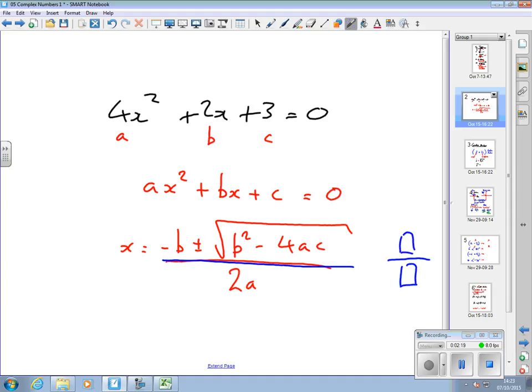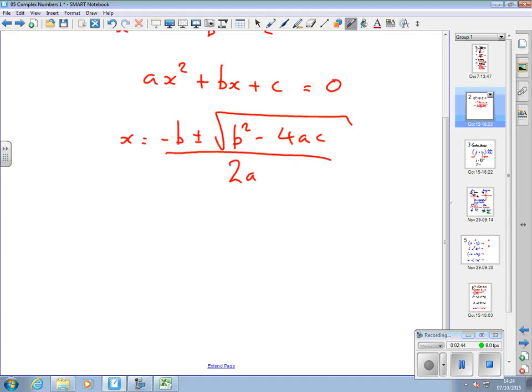So put all this on the top, minus whatever b is, so minus 2, plus or minus. I can't put plus and minus into the calculator at the same time, so I just put the plus in, and then later on I change it for the minus. Square root of, and then put all this inside the square root, divided by 2a. And so that's what we tend to do.